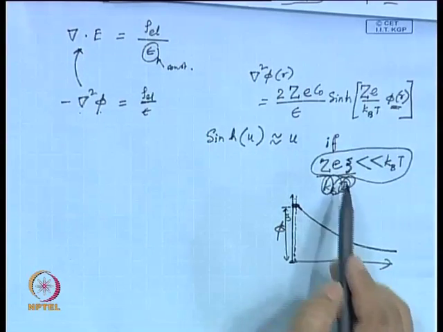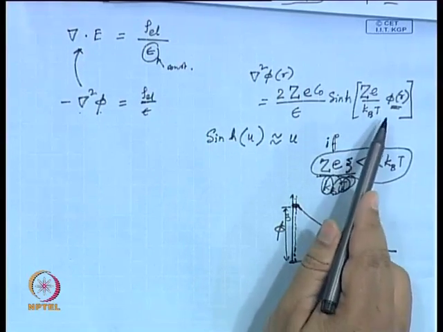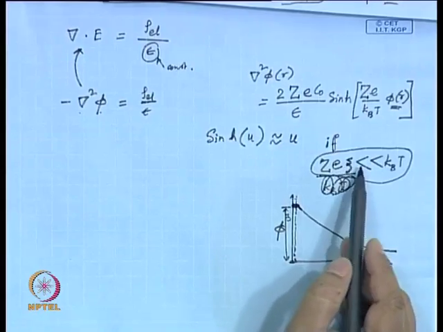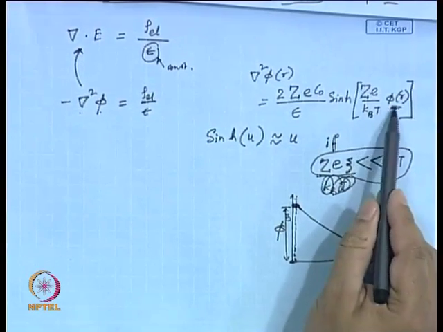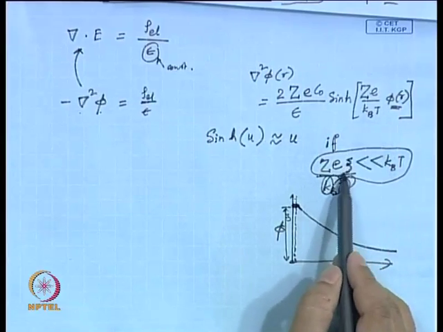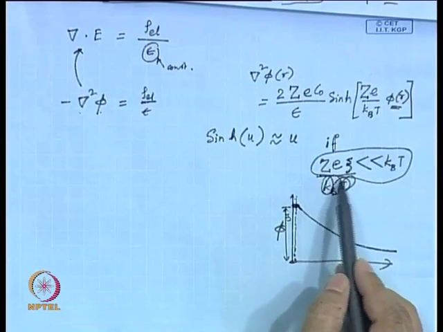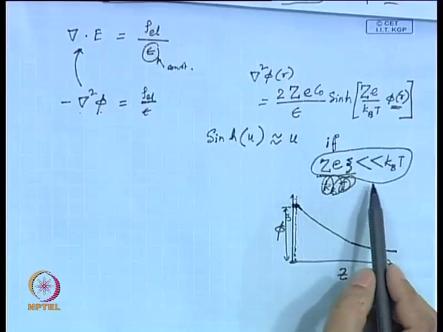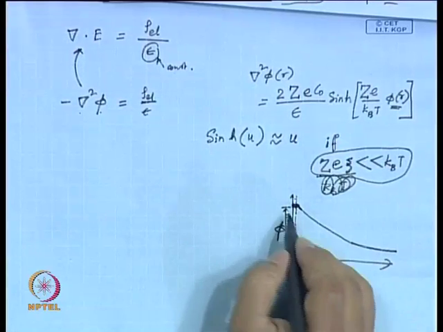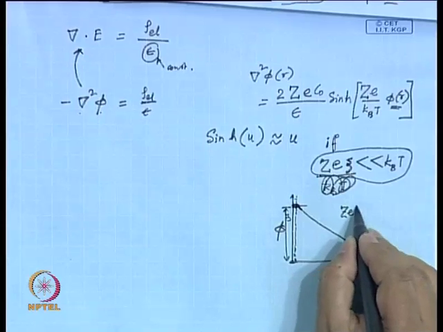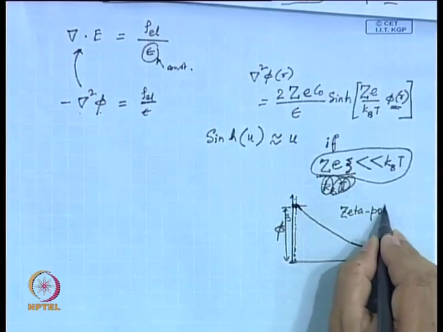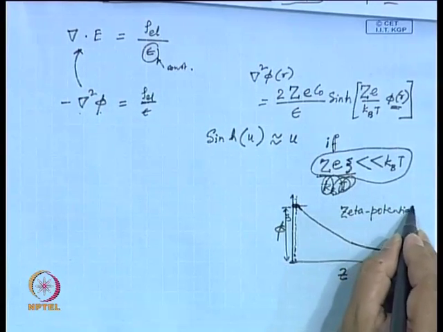So instead of writing any arbitrary phi at any location, where r is basically the position, you write the maximum of it, which is zeta. That is how we put the condition that zeta is much less than kBT. This zeta is very famous in many ways, and it is referred to as the zeta potential.